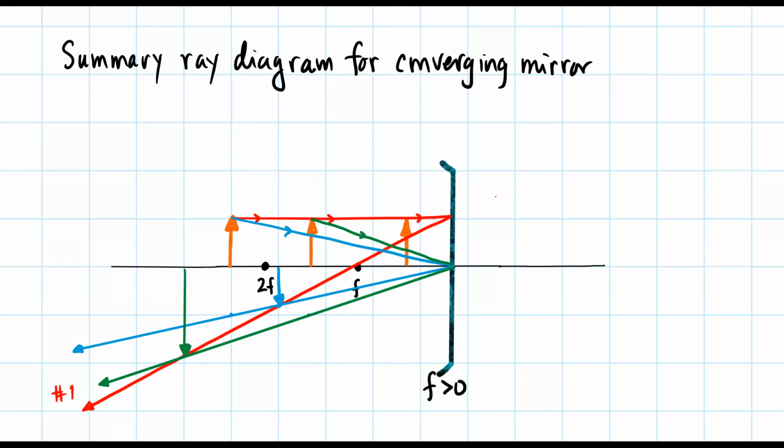Now for the virtual image. So when I'm inside the focal point, you could see here that the image is on the back side.